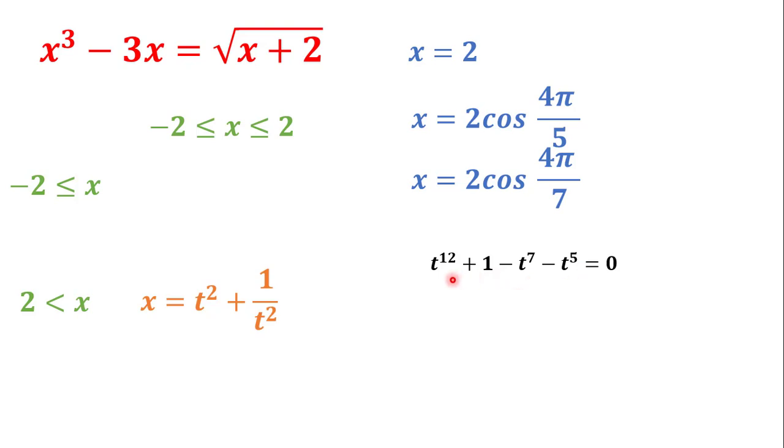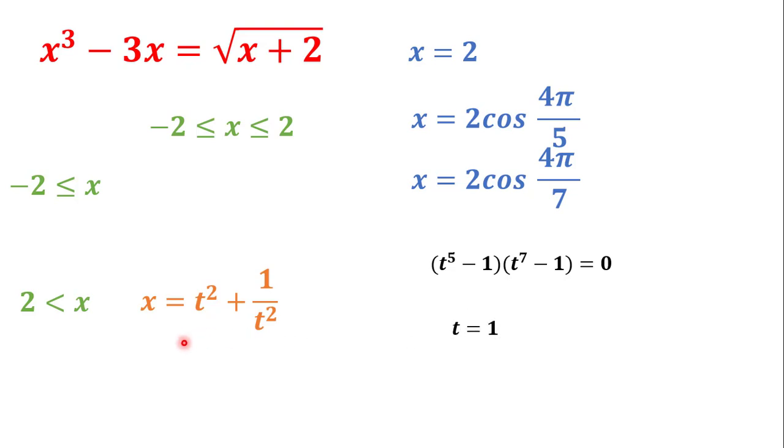We can factor t to the power 7 from these terms and these terms. We're going to get t to the power 7 times t to the power 5 minus 1. And by factoring t to the power 5 minus 1 from our expression, we're going to get t to the power 5 minus 1 times t to the power 7 minus 1 equals 0. Each term can be set to 0, and t is going to be 1.